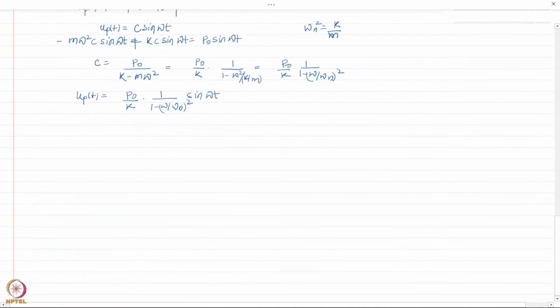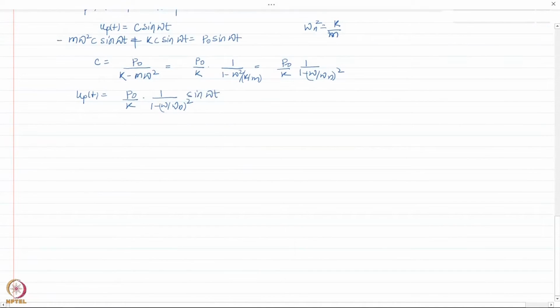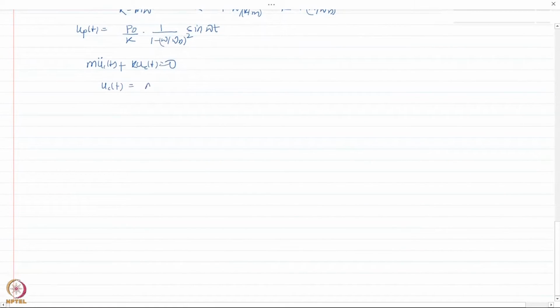Now the second thing that remains is the complementary solution, which is nothing but the solution to this equation here. And that, as we saw in previous chapters, can be directly written as some constant times cos omega n t plus another constant times sine omega n t.